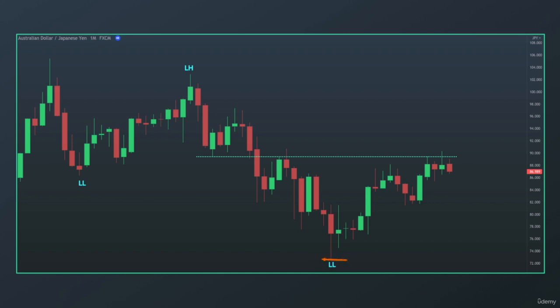So at this point, since this is our lower low, we can assume that price could possibly go up into a corrective phase and then establish a lower high. But the question right now, at this current price action, is: is this our lower high? We have to see a bearish price action since we are in a downtrending market.